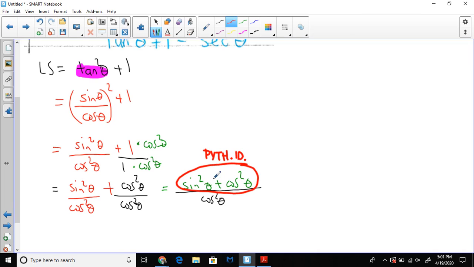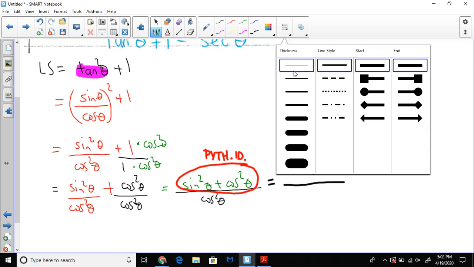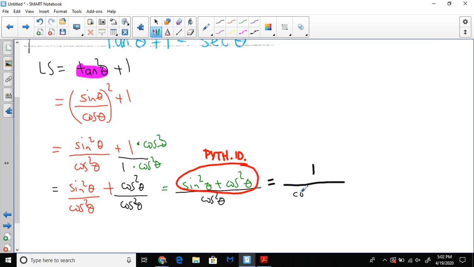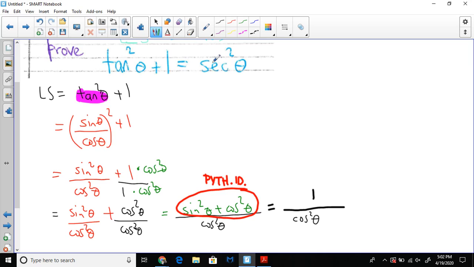So what does sine squared theta plus cos squared theta equal? Did someone say 1? Yeah, of course. That equals 1. So 1 over cos squared theta. And what is 1 over cos squared theta? Well, it's actually secant squared theta.